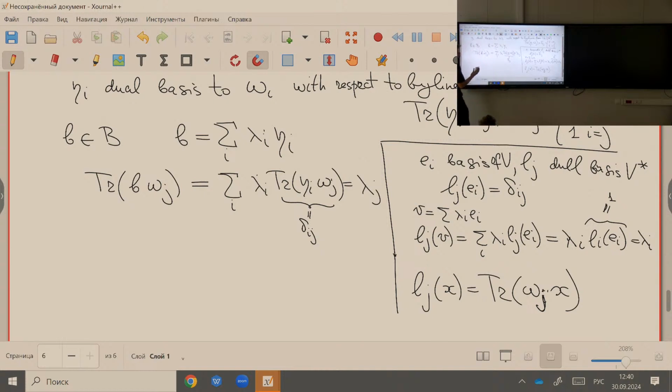And now you see that this means you multiply this equality by omega j and take the trace. Yeah?